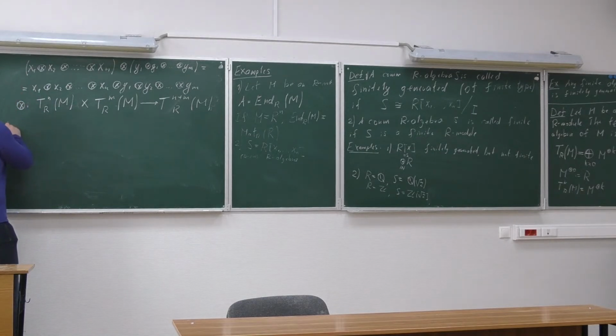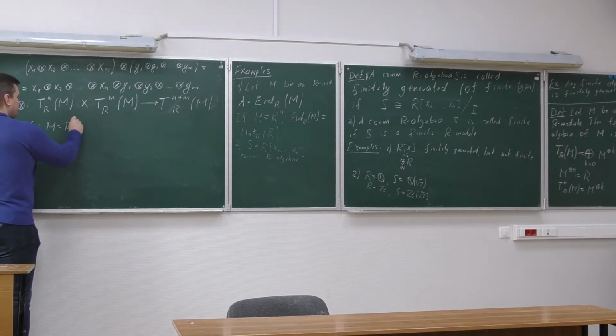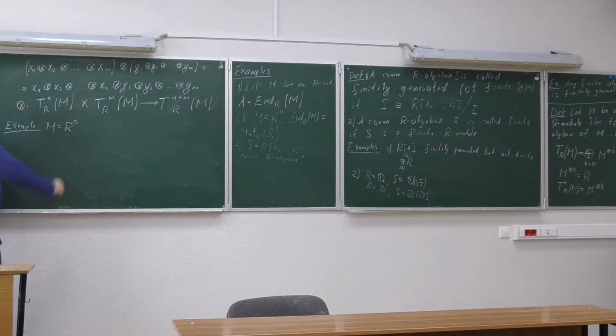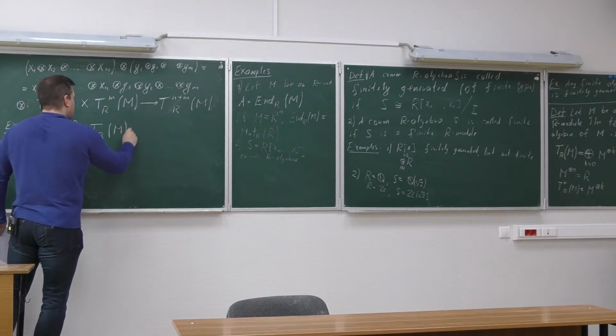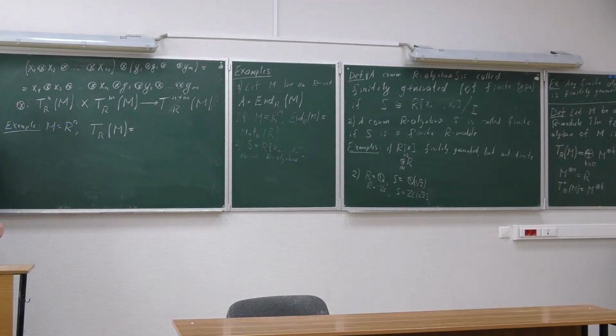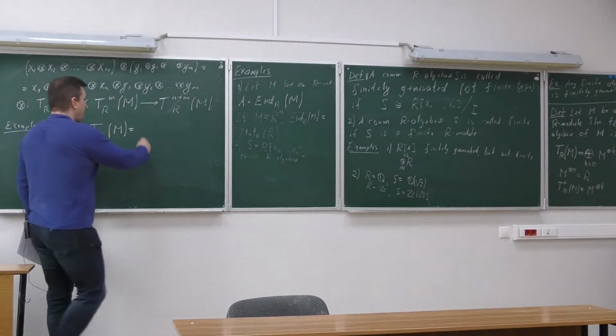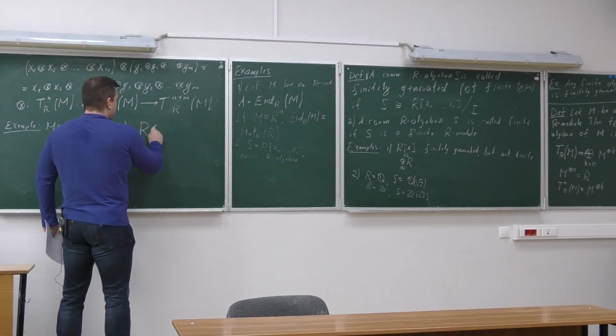What would be an example that we know very well? Well, this is the following. Say M is a free module. What's then the tensor algebra of a free module? How can we describe this equivalently? Well, I can say that this is the following algebra.